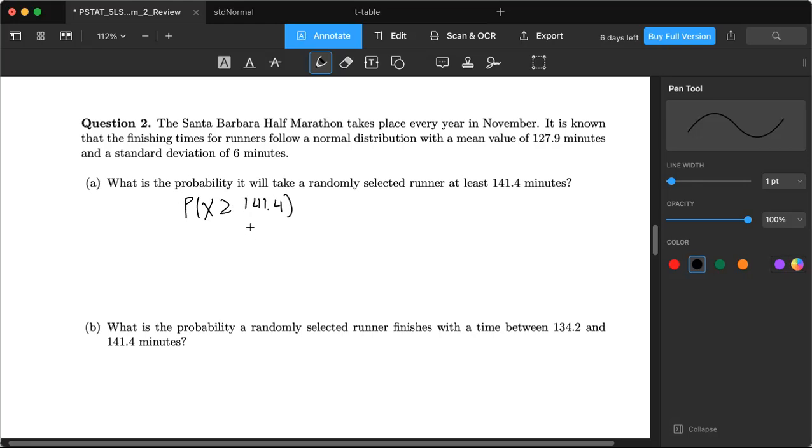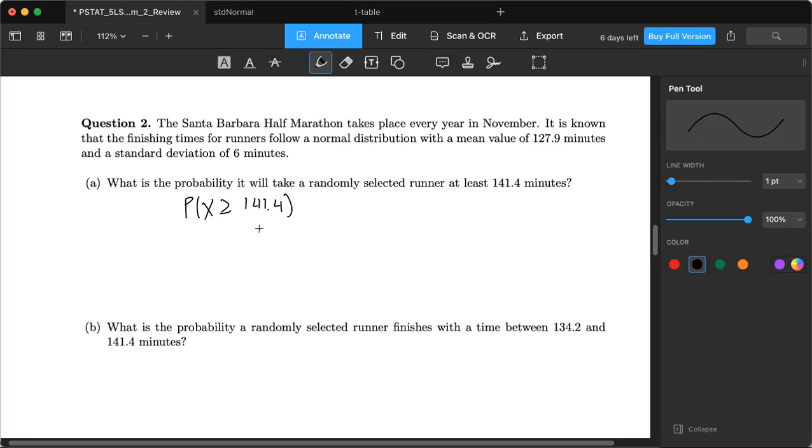But in terms of running, you'd want a shorter time when you say at least, I feel like. But disregarding that ambiguity, that's something you could ask during the exam if you were confused, we'll just roll with it, keeping it consistent, X being greater than or equal to 141.4.